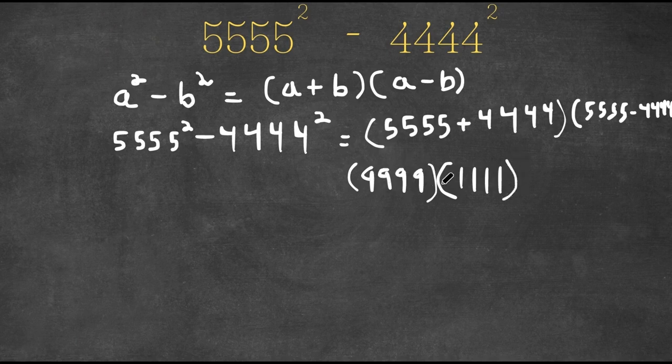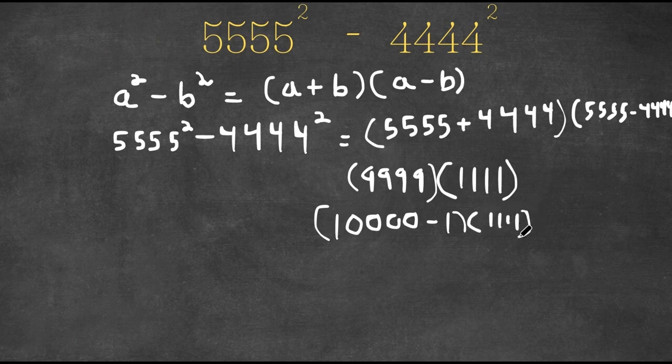Now 9,999 is the same thing as 10,000 minus 1. So now we have 10,000 minus 1 times 1,111. And now, using the distributive property, we can distribute the 1,111 to both terms.